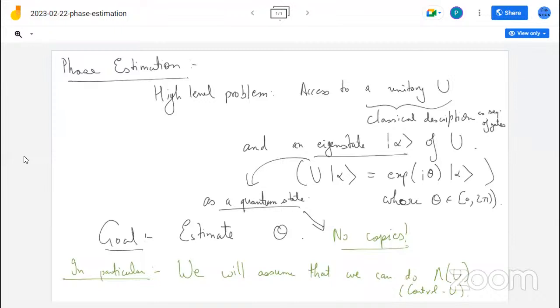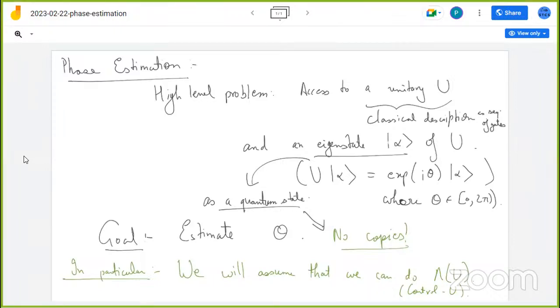Theta can be any arbitrary value. Yeah, arbitrary.